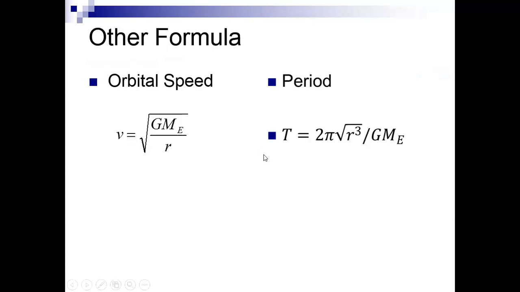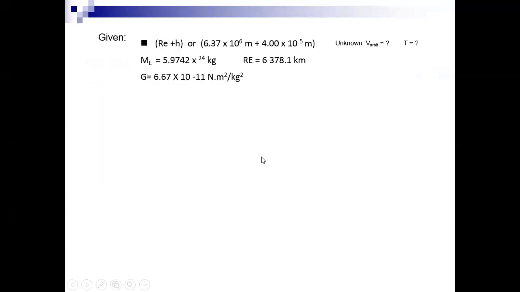So, going back, class. Kukunin naman natin yung period natin. The formula is 2 pi square root of r cubed divided by the GM. Okay? So, ayan yung binigay natin formula kanina for the period.